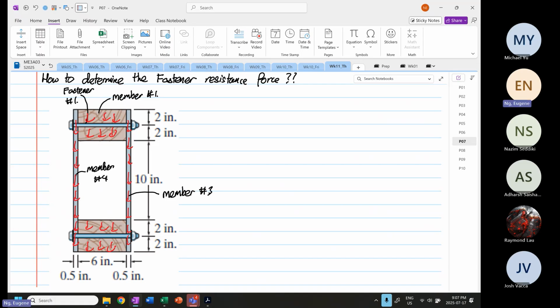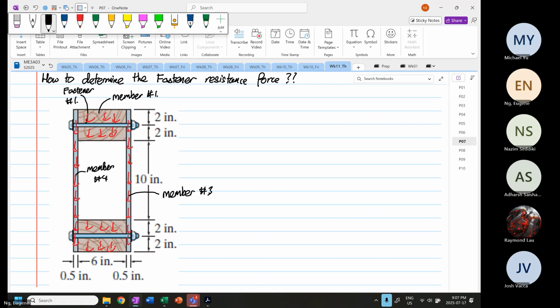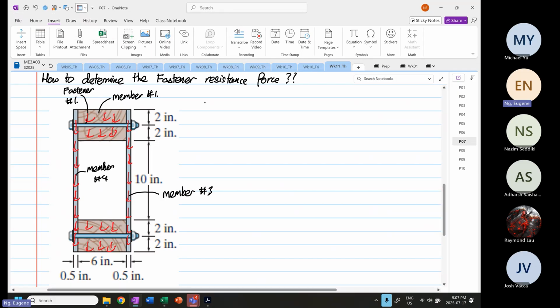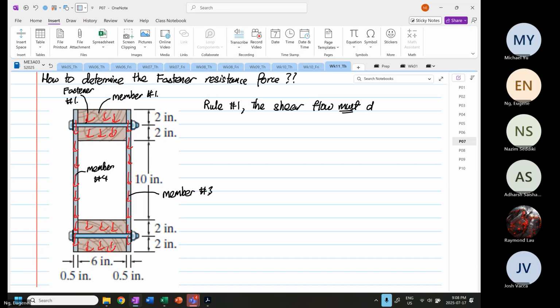Okay. So now, first thing to remember, shear flow rule number 1: the shear flow must distribute throughout the entire member.